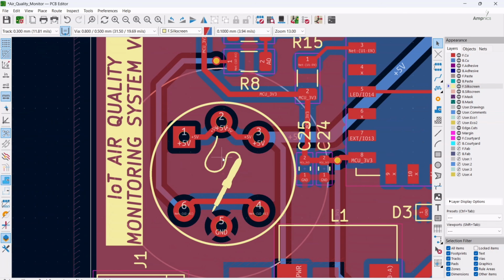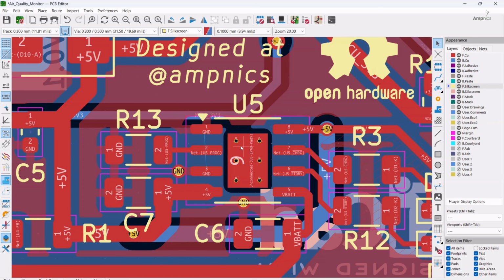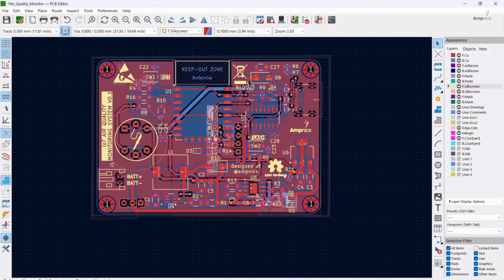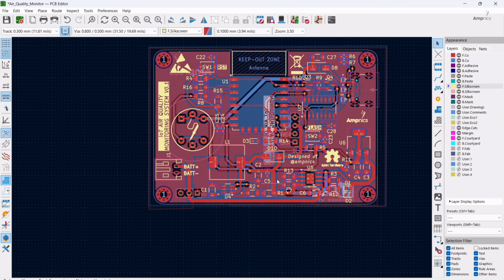Okay, and 0.5 is for providing power to the sensor or our TP4056. And for the LDO or the boost converter we have used 1 mm tracks.